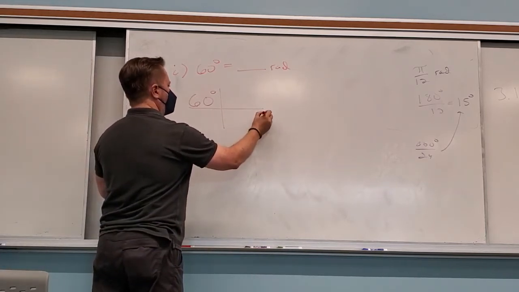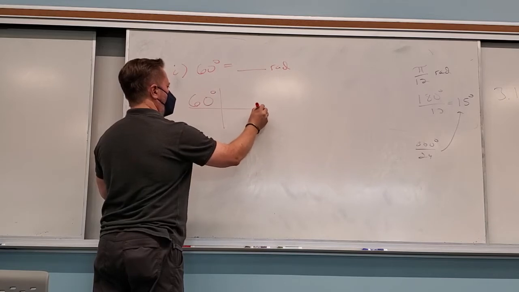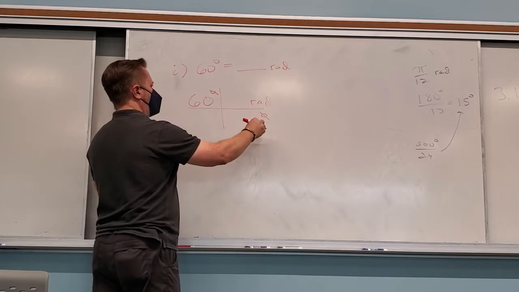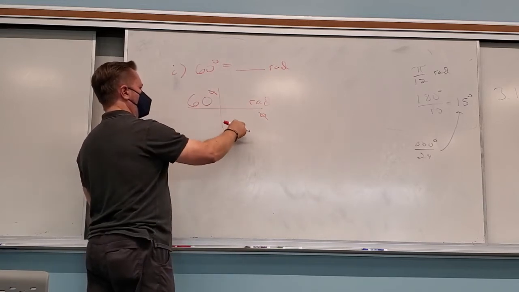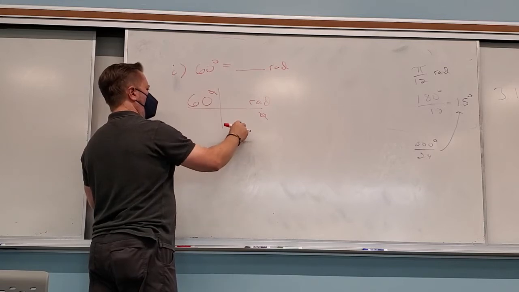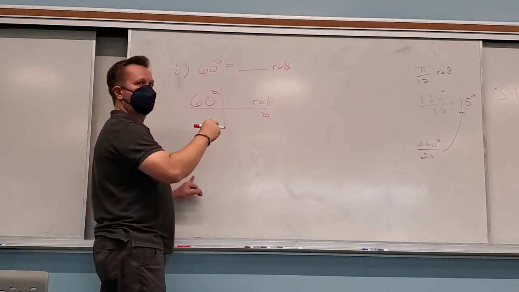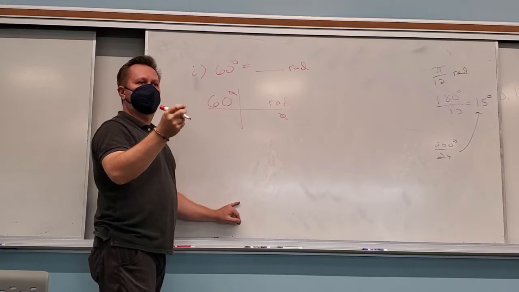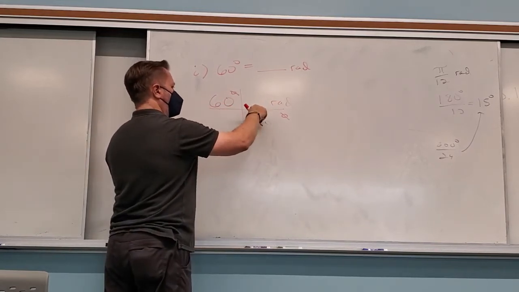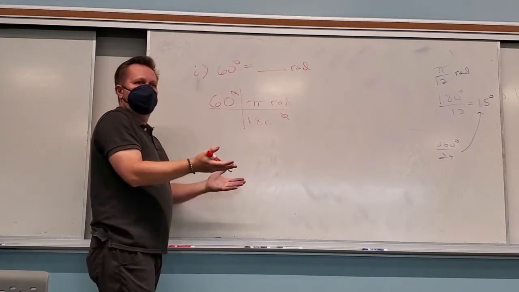So on the bottom you have to put degrees so they cancel. And on the top you're going to put radians. How many degrees are in how many radians? What do we know? 180 in how many radians? Pi. That's it.